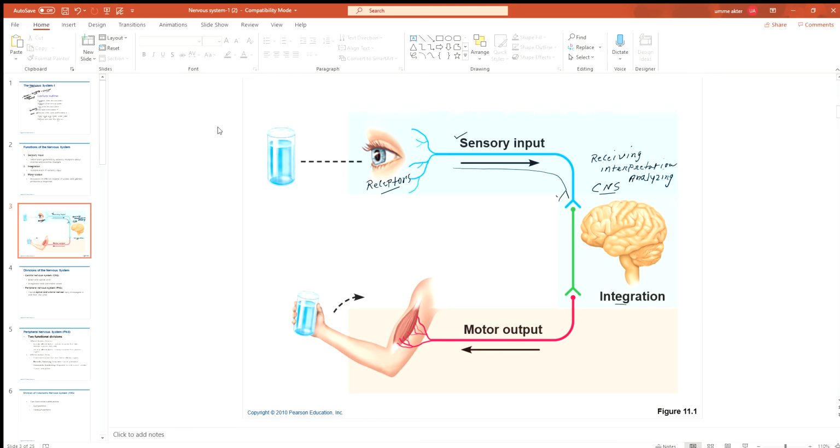So that is the function of the integration center, which is the central nervous system. It will receive the sensory input and then interpret it, analyze it, and then it will do what? Will send a motor command. That is the last function, motor command.